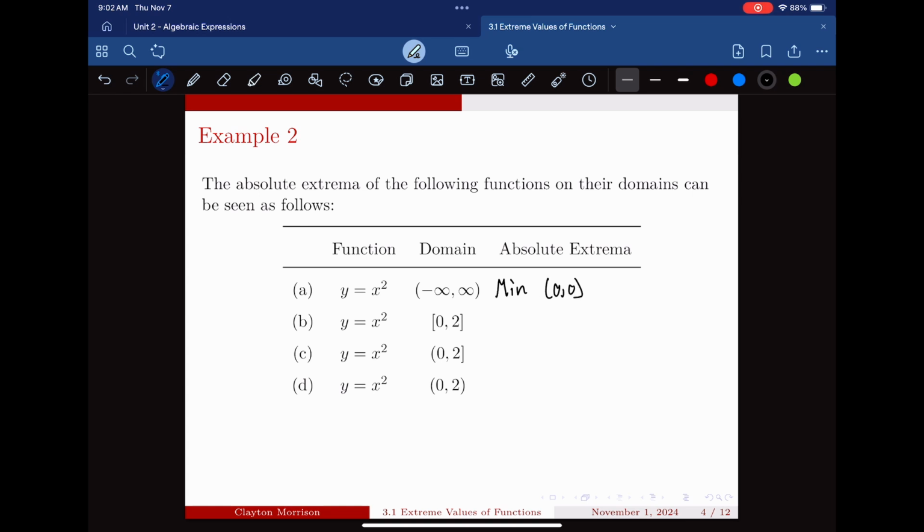And there is no maximum because it's just going to keep on going up. Here, your minimum is still 0, 0 because you have 0 there. But then your maximum is at 2, 4. And that's because that is as far to the right as you can get.